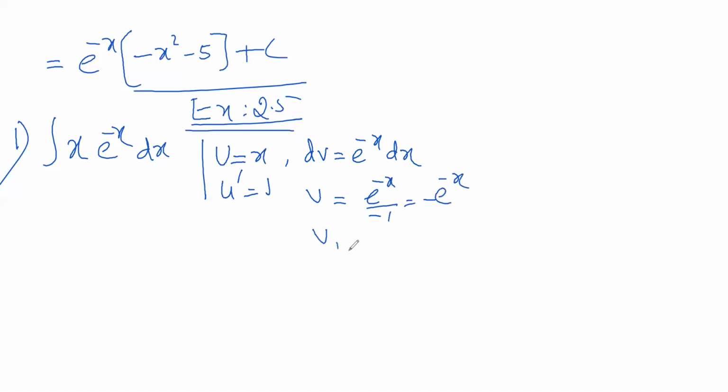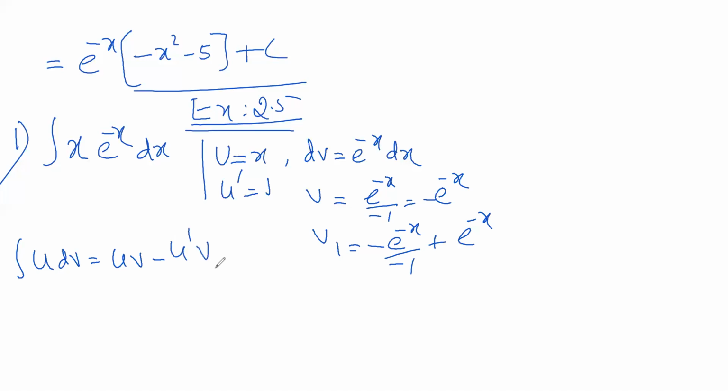Then v1. v1 is equal to minus e power minus x by minus 1. So minus minus becomes plus, what? E power minus x, right? And Bernoulli's formula is still what? U dash v1. So the formula is integral u dv is equal to uv minus u dash v1, correct?